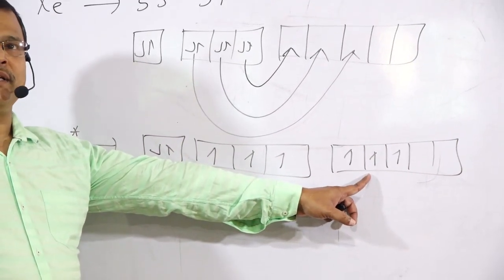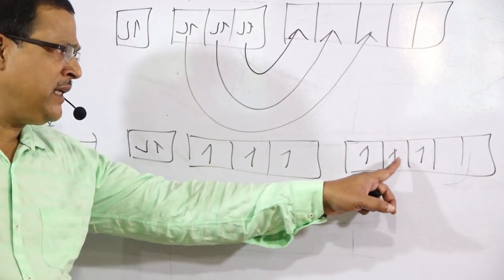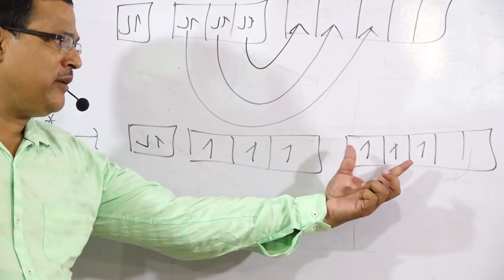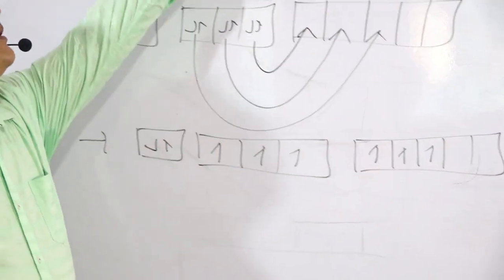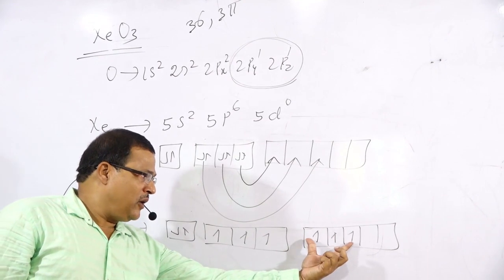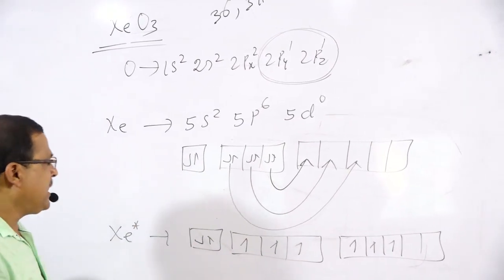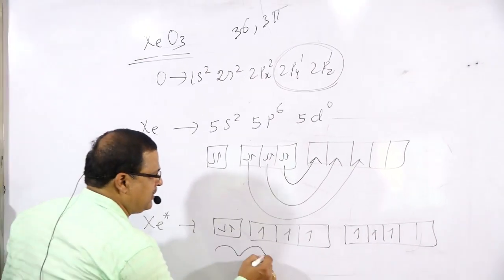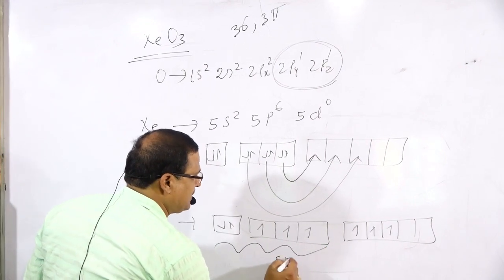But that is not sp3d3 hybridization, because these 3 electrons will remain unhybridized for the formation of those 3 pi bonds. So 3 unhybridized orbitals. So this central atom must have undergone sp3 hybridization.